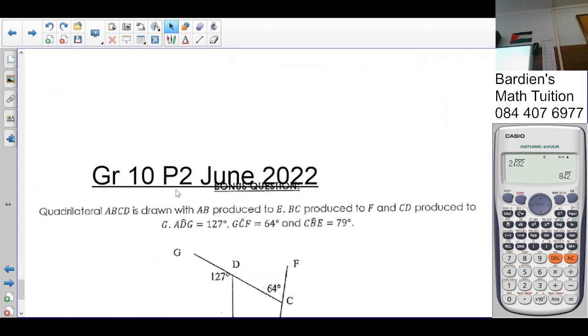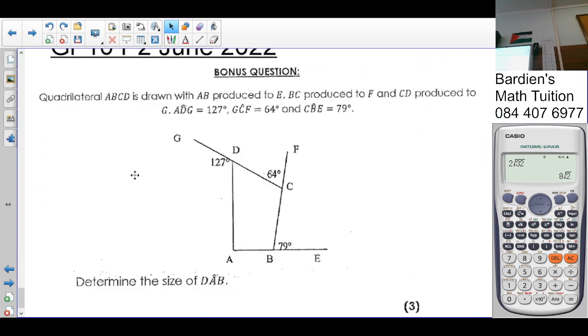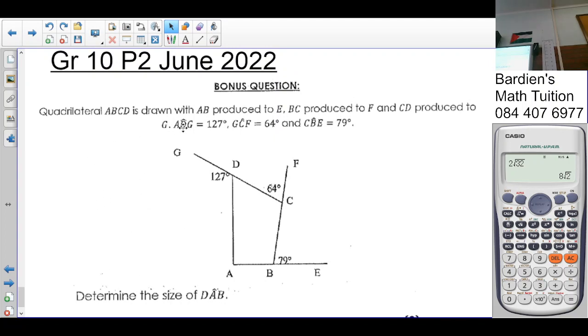And the bonus question. We are told that quadrilateral ABCD is drawn with AB produced to E, BC produced to F, and CD produced to G, where produced means extended.